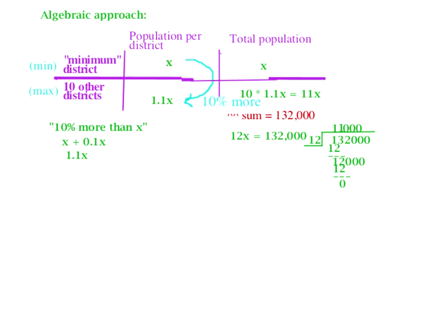And so x is 11,000, and that's the answer that we want. Boy, except for that, yes. Wait a minute. I'm being dumb. What am I doing here? x plus 11x. I'm not being dumb. Okay, there we go. So 11,000 is the minimum possible population for the district.